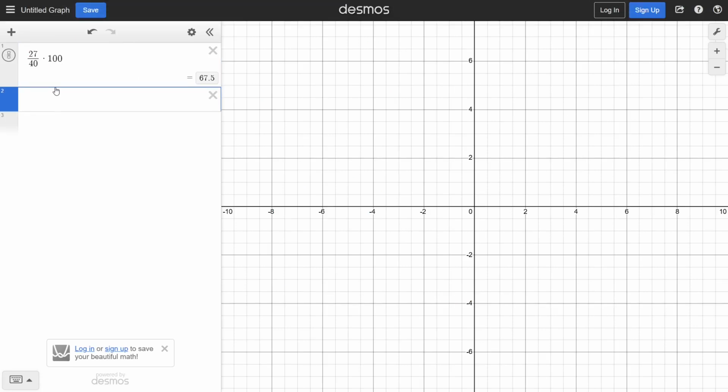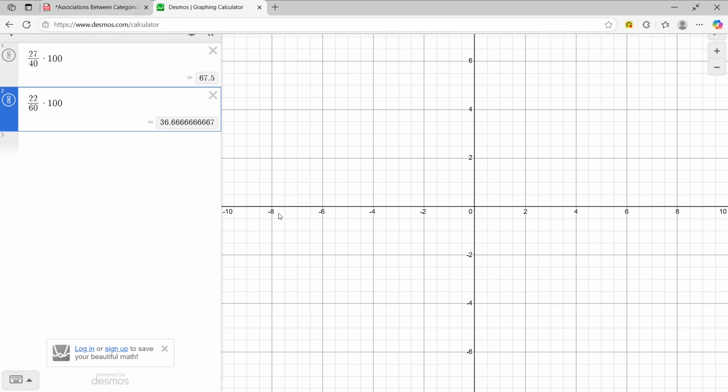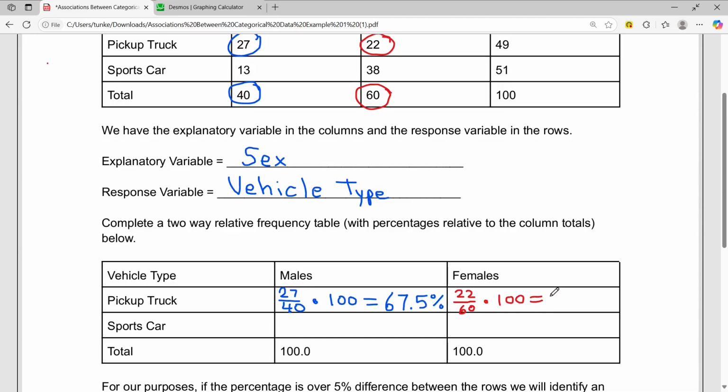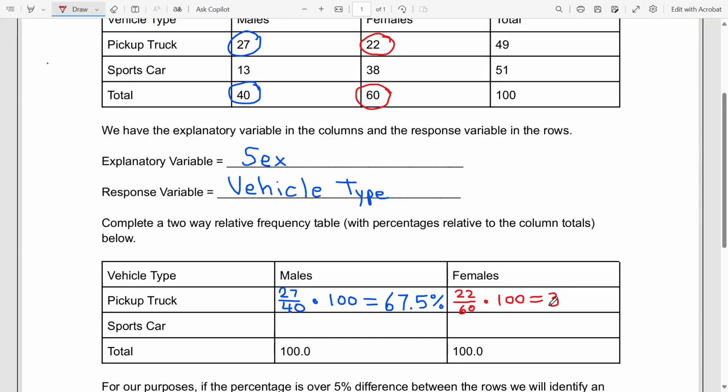We'll do 22 divided by 60 times 100. So 22 out of 60 times 100 is 36.7. We'll round to the nearest tenth. So 36.7%.